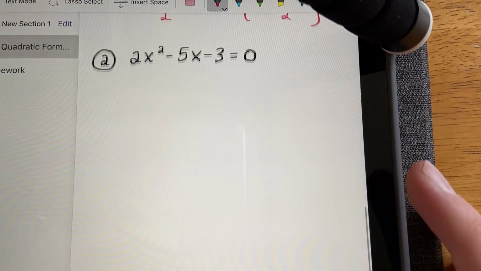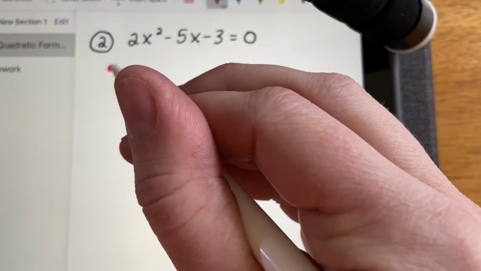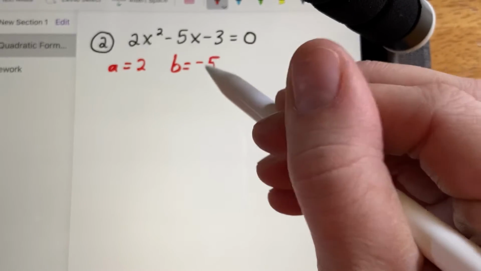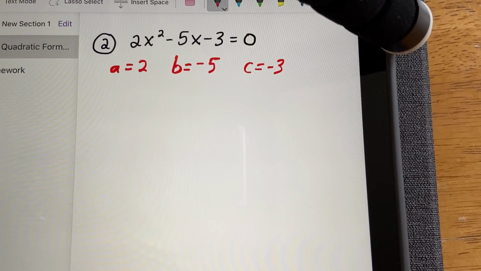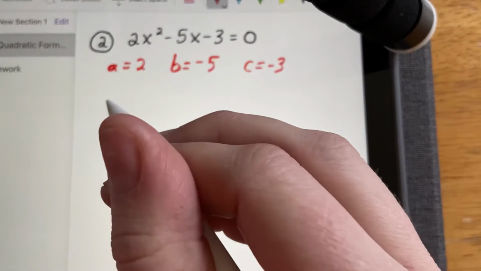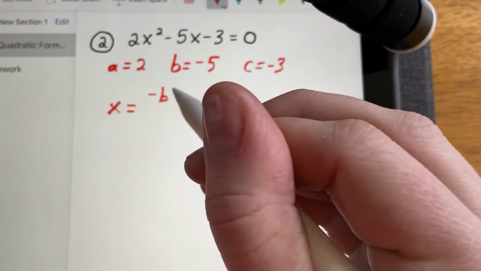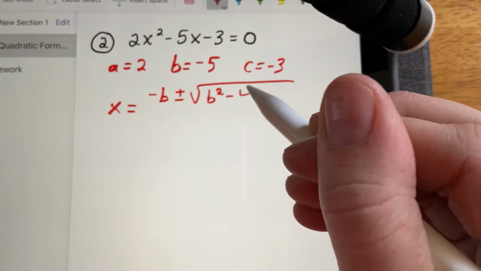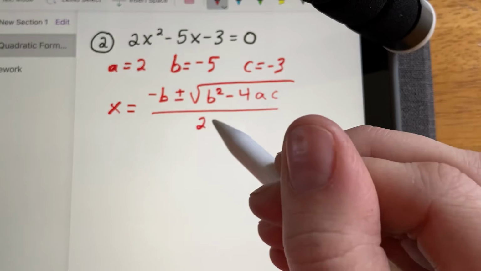For the second example, I have 2x squared minus 5x minus 3. Remember, a would be that first number, 2. B would be the second number, negative 5, and c would be the last number, negative 3. I'm going to write down our formula again, just to have it handy: x equals negative b plus or minus the square root of b squared minus 4ac, all over 2a.